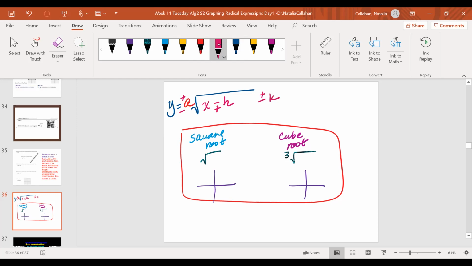So you guys go ahead and give me the numbers for a, h, and k. And then you essentially just graph it right there. So you create the square root and you create the cube root.